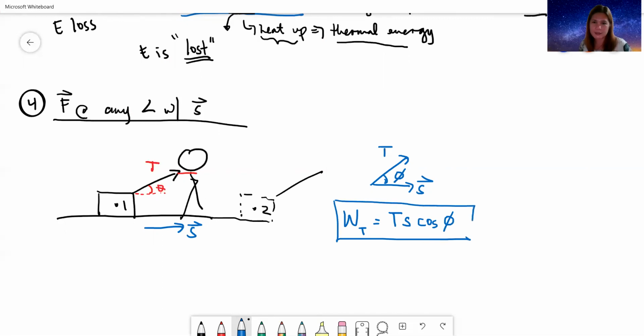In this case, the work done by the tension will be less compared to pulling it entirely horizontally, because when the tension is horizontal, the angle between them is 0, so the work done by tension is just tension times S.